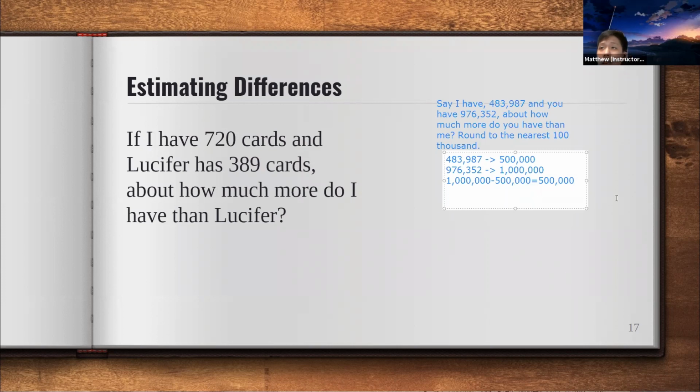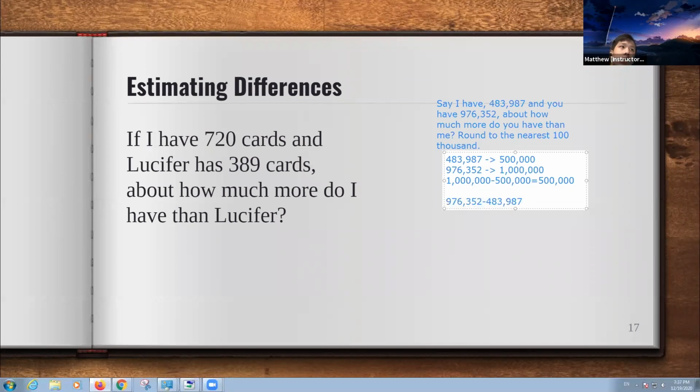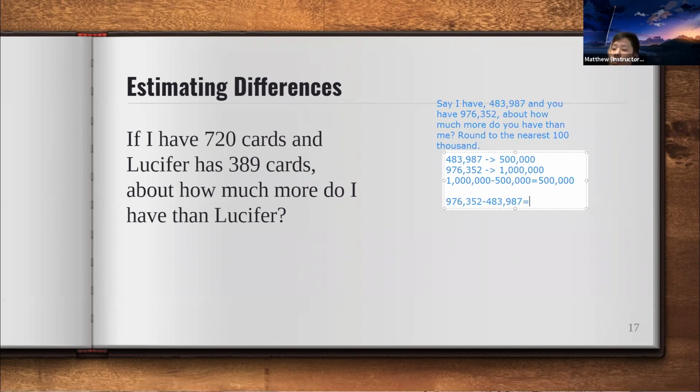So this is why estimating is good. You'd rather say I have about 500,000 more than you instead of saying 976,352 minus 483,987. That would be around, I think, 492,365.